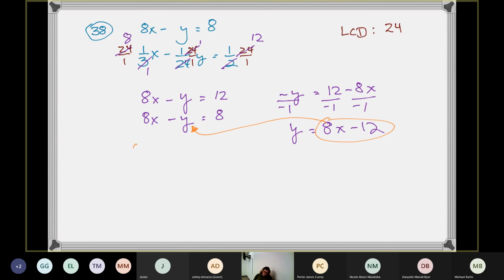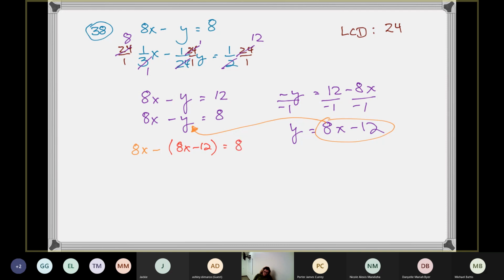But let's work it out. 8x minus, be careful, you have a minus here, and y is 8x minus 12. And I was wrong. Where was I wrong? Where am I plugging it in? Oh no, equals 8. I wasn't wrong.